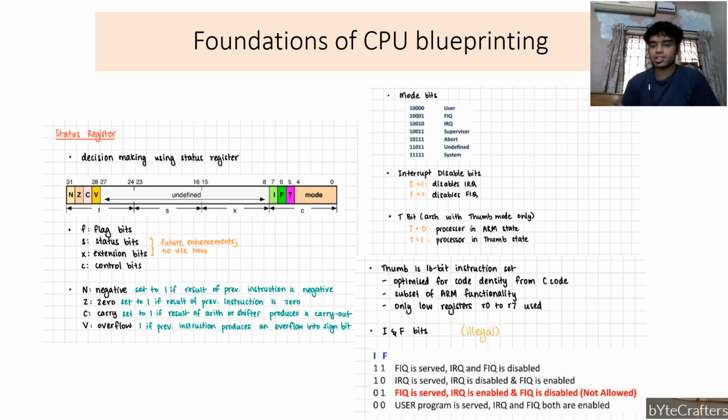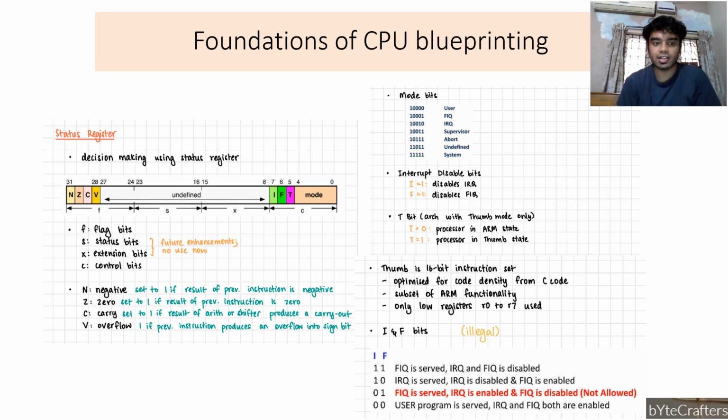This one status register is going to tell you almost everything about the instruction that you're executing, including the flag bits, the status bits: whether the result of the previous instruction is 0, negative, whether there is a carry, and if there is overflow. That is conveyed in the 28th to 31st bits. Each of these is a single bit.